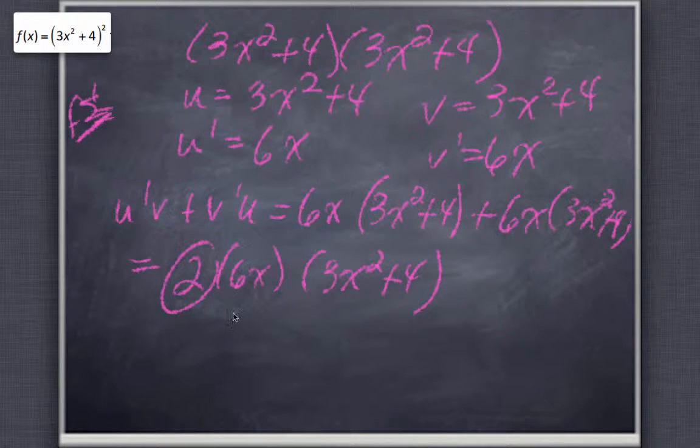So I have someone squared, so I bring the 2 down and have that thing to 1 fewer, but then I multiply by the derivative of the inside. So this is, for the M&M analogy, first you melt the candy by doing the 2, this thing, to the 1 fewer than 2, and then you melt the chocolate with the 6x.